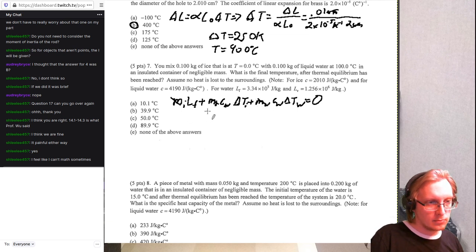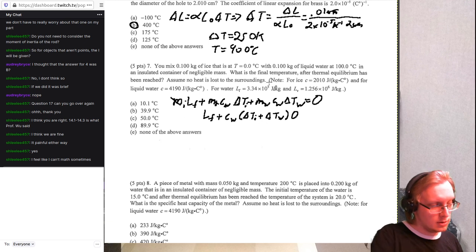Therefore, LF, and we're all doing this in water. Oops. So don't do anything just yet. CW delta T ice plus delta T water equals 0.